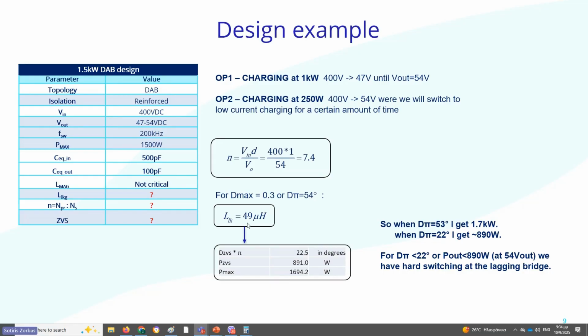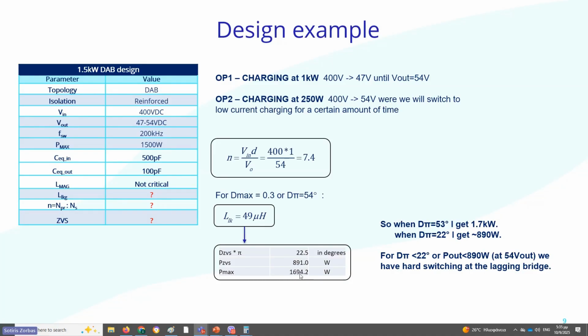We're calculating now the leakage, and we have everything to calculate the powers as well. So the ZVS boundary is at 22 degrees, and we have 890 watts. Above this number, we have ZVS. Below this number, no ZVS.